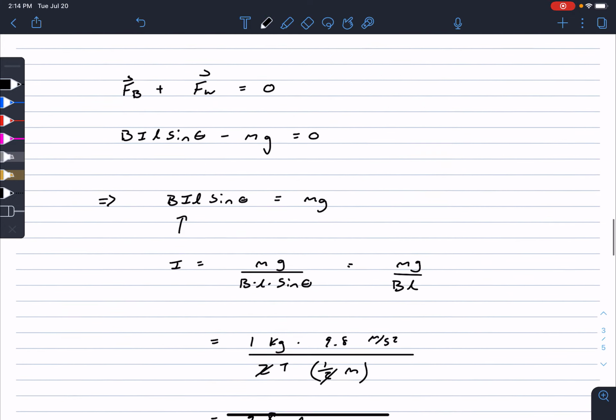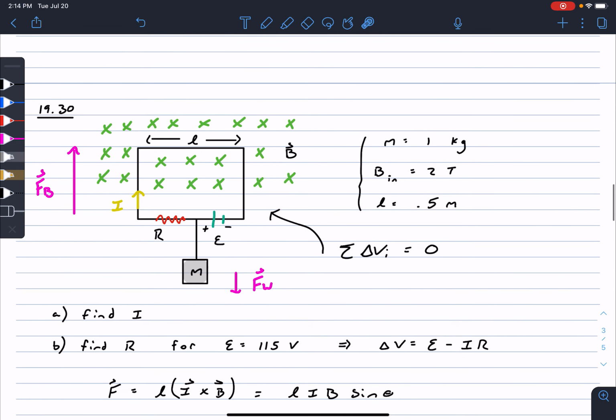Okay, so let's look at this loop. The current is going this direction, right? So now, as we go around this direction, we run into this EMF, negative to positive, right? That's going to put us at positive.